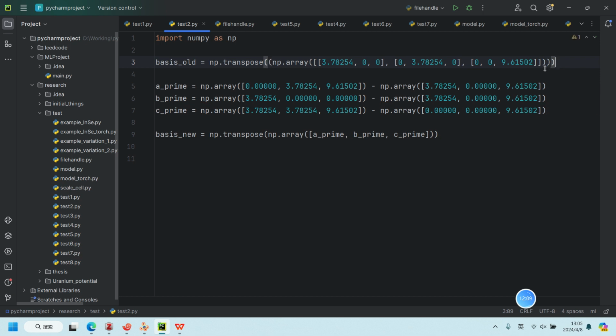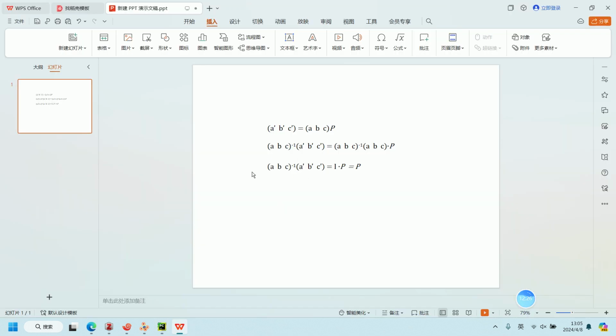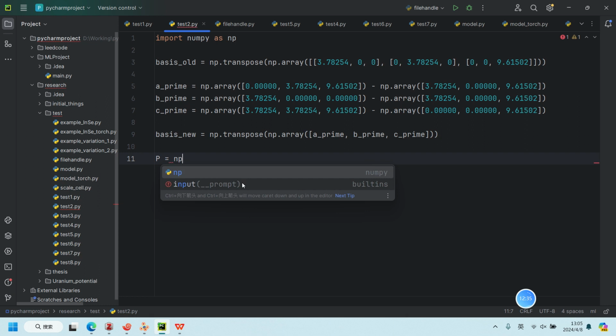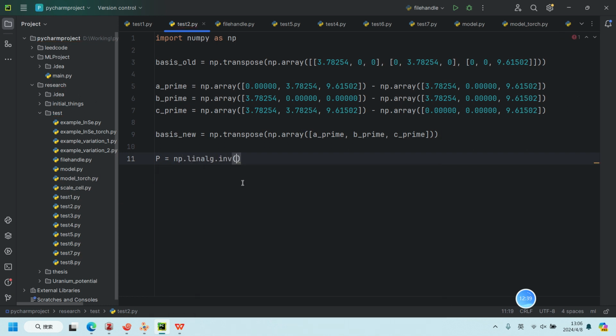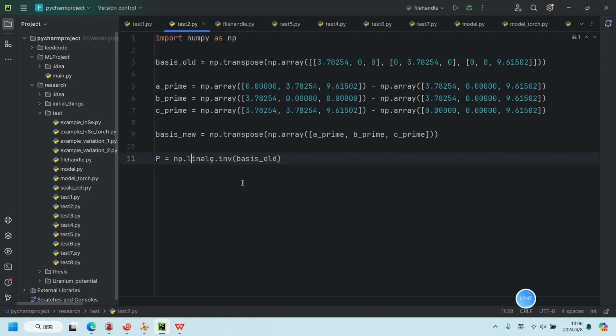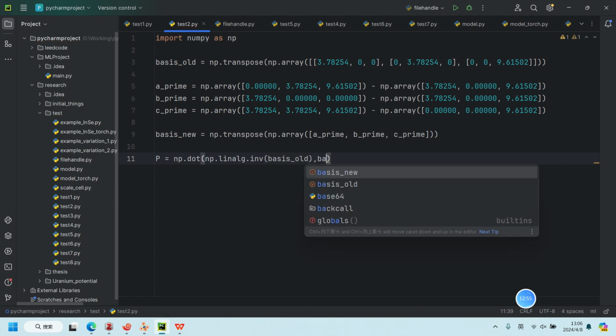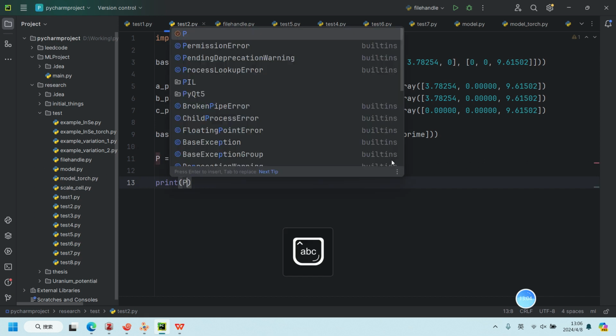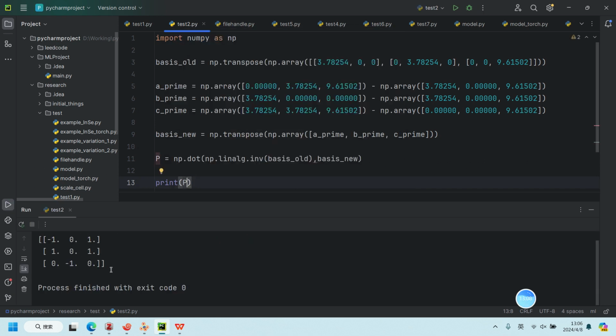Okay, now we already have basis old and basis new, and according to this relation, we can get P. And we can print P, the rotation matrix. Okay, this is our rotation matrix.